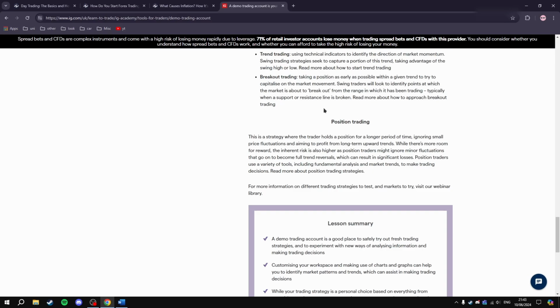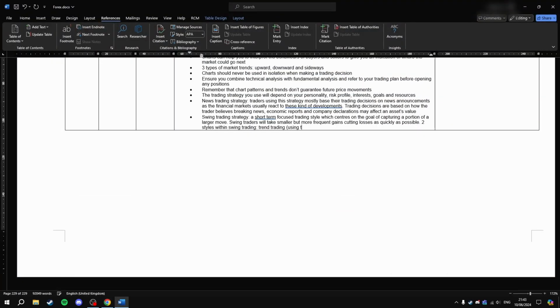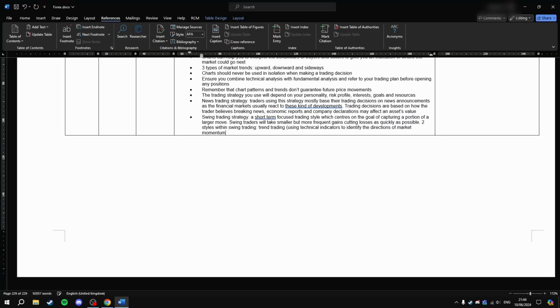Right, so using technical indicators to identify the direction of market momentum.